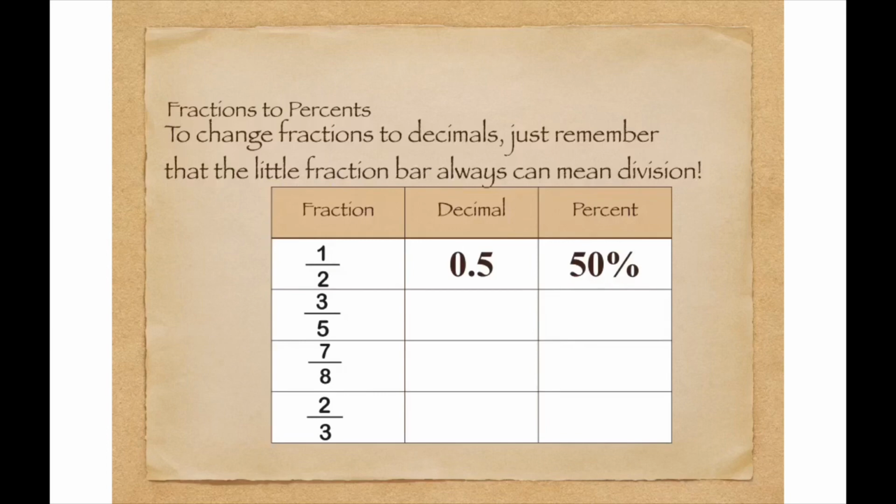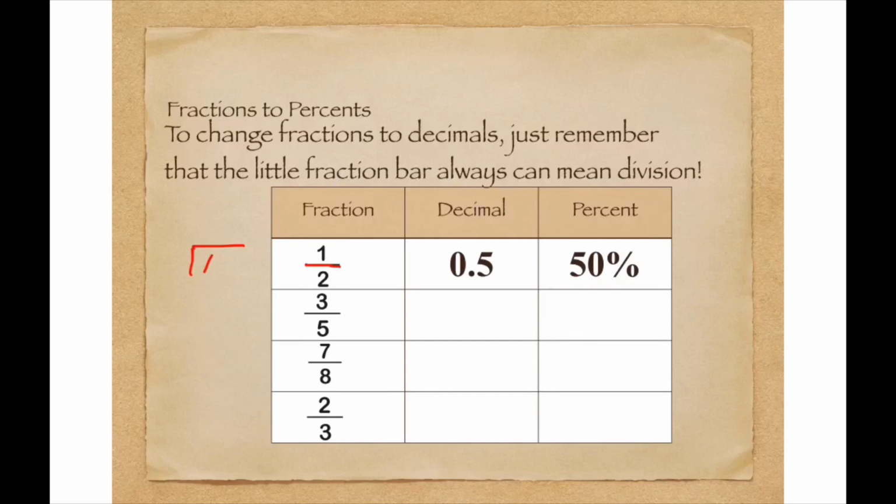What we'll do now is either do it on the calculator or on paper, and you'll do 1 divided by 2. That bar means division, so we're going to divide. Let's do that over here on the left side. We'll go 1 divided by 2. Now which one goes inside the little division bracket?